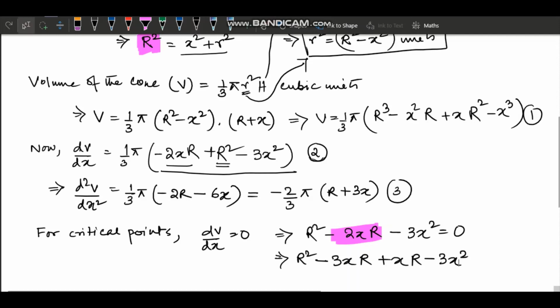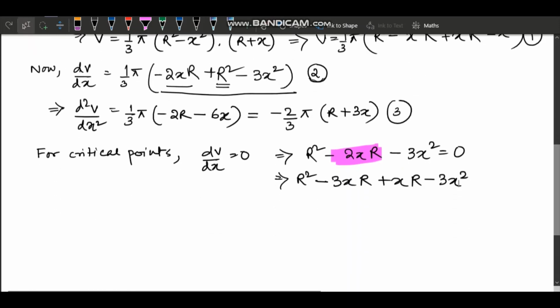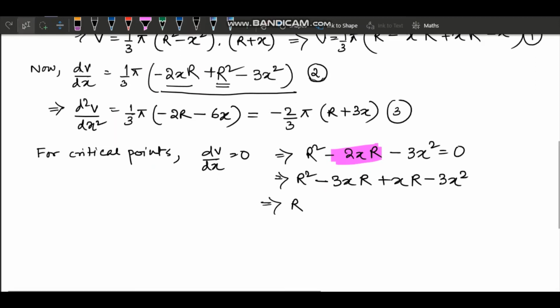So what can we take common from the first two? From the first two, we can take r common. So we have r into r minus 3x, and from the last two, we can take x common. So we have plus x into r minus 3x, which is equal to 0.